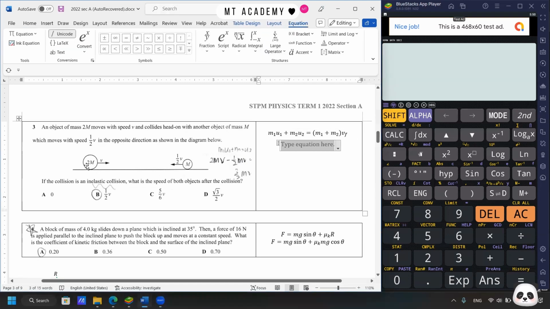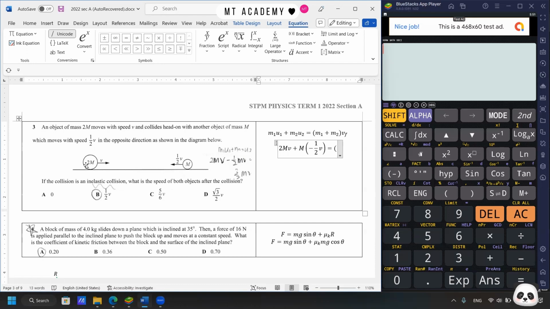The first mass is 2m, multiplied by v, plus m2, which is m, and the velocity is negative half v. This should be a good reminder for you that the velocity is negative because it's moving to the left.